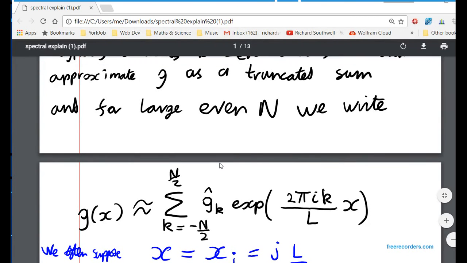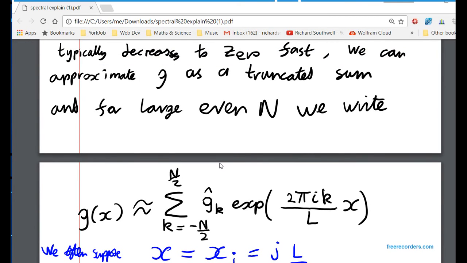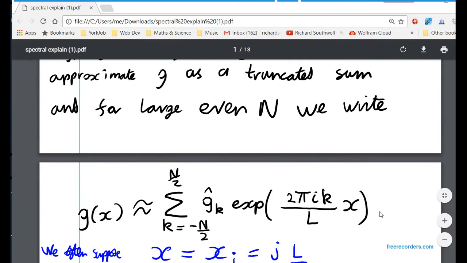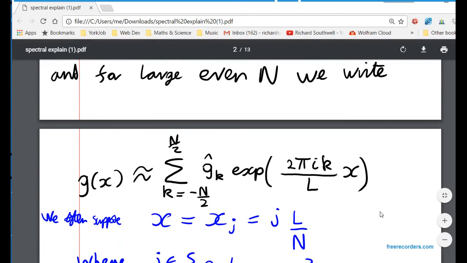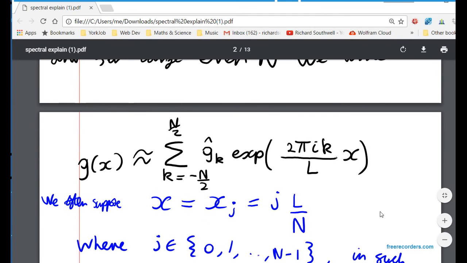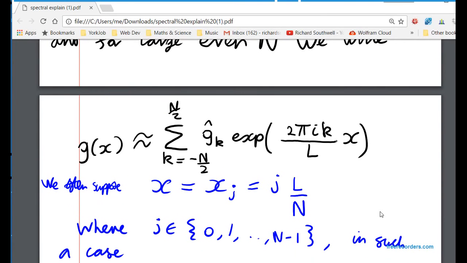Basically what we're going to be doing practically is working over discrete points. Sometimes we'll think of x as a continuous variable when we're deriving formulae.